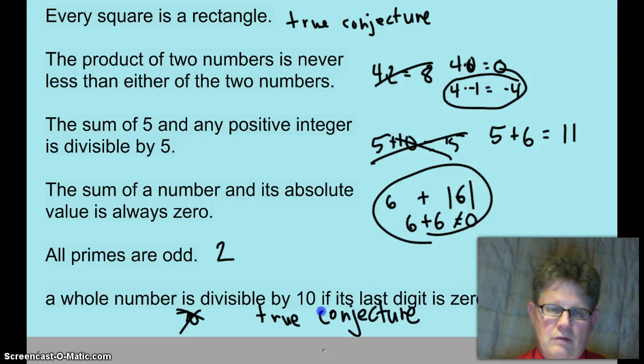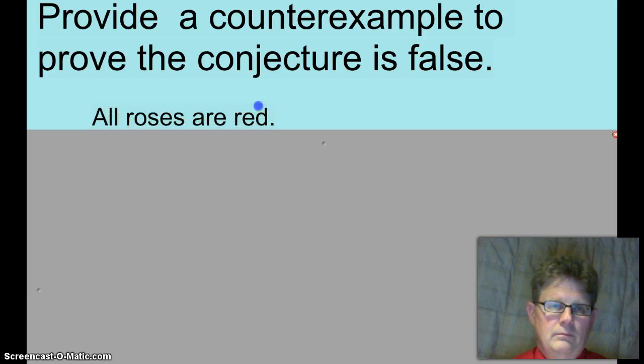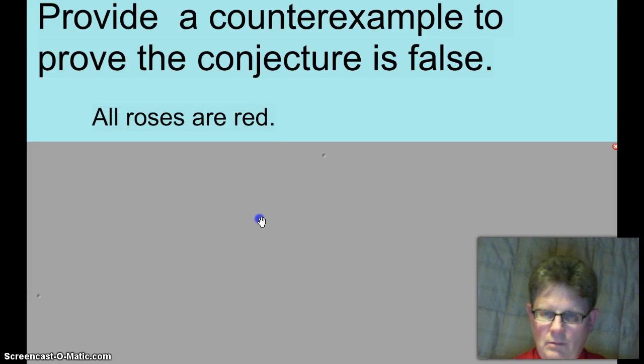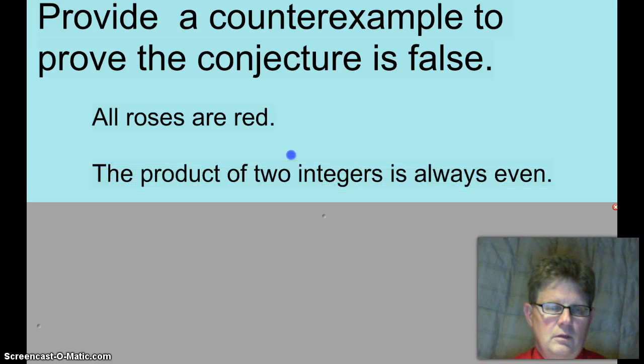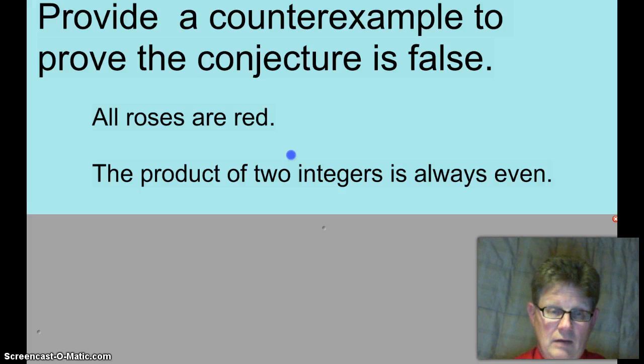Can't come up with a counterexample to prove it false. Alright? All roses are red. Come up with a counterexample. You can do it. The product of two integers is always even. Experiment around a little bit with that one, and you'll find out that you can prove it false.